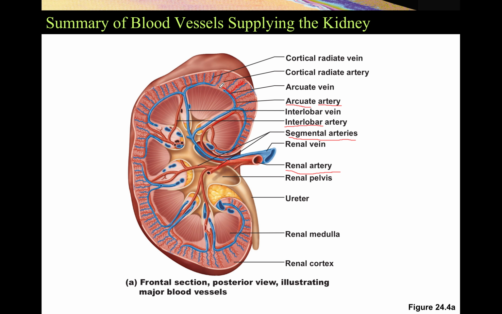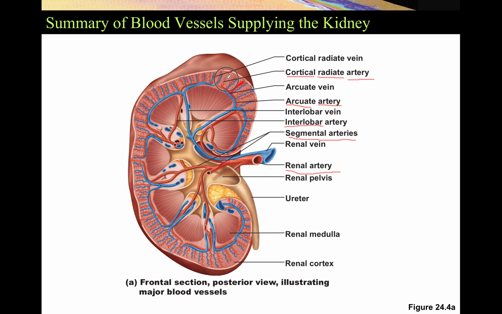Think about this main branch coming up right here, what I'm drawing right now, as the ones that are radiating outward. We refer to these branches as cortical because they're within the cortex. So cortical radiate artery, or you can call them cortical radial artery. Either one is fine.